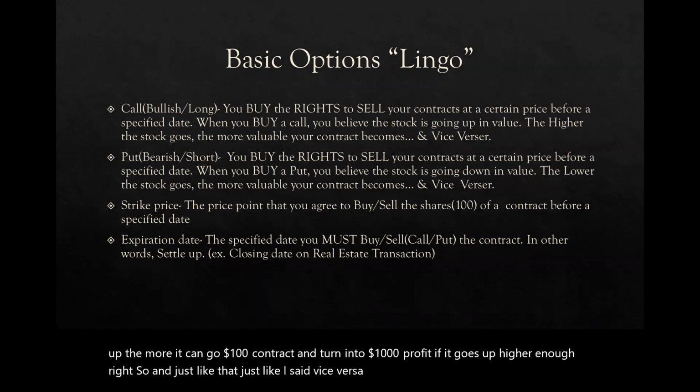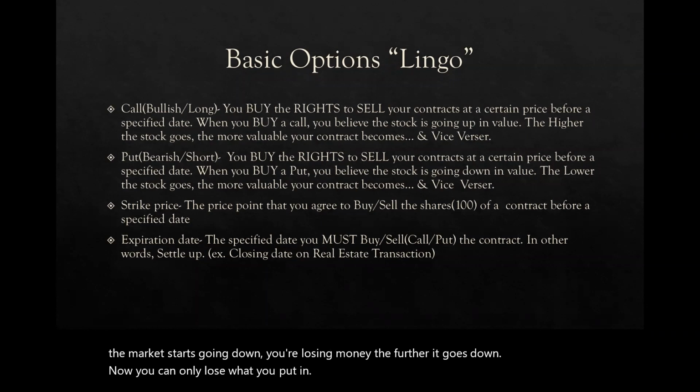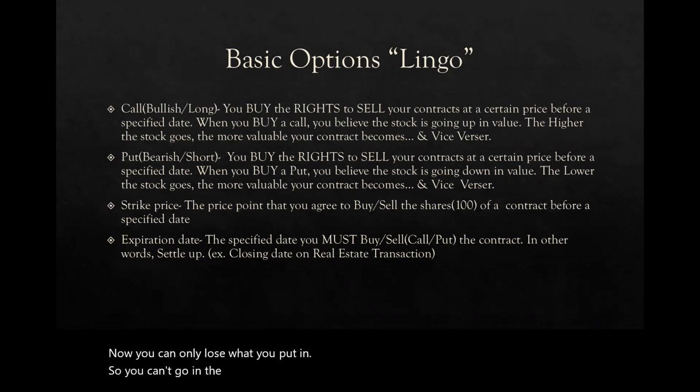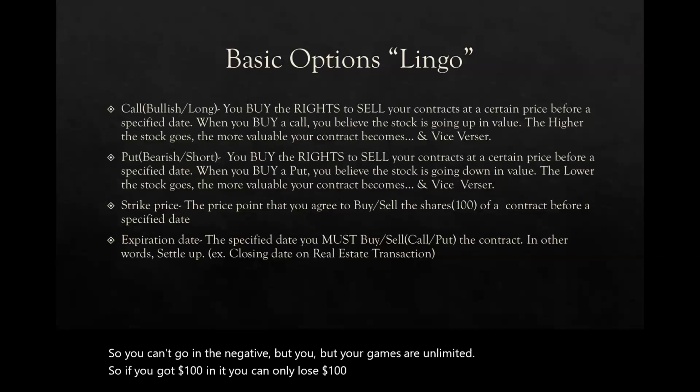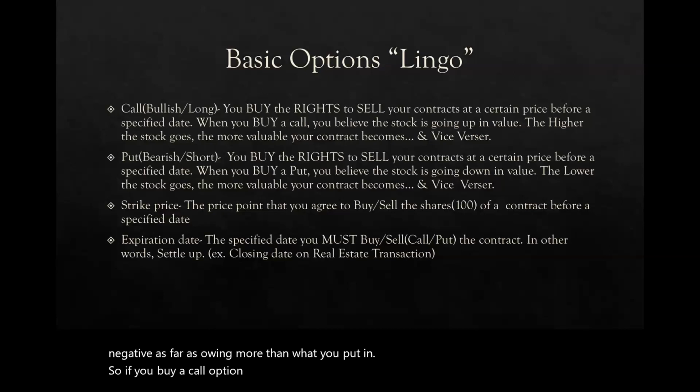Now, if you buy a call option and the market starts going down, you're losing money the further it goes down. Now, you can only lose what you put in, so you can't go in the negative, but your gains are unlimited. So if you've got $100 in it, you can only lose $100. You can't owe more than what you put in it. So if you buy a $100 call option, you're betting that it goes up.